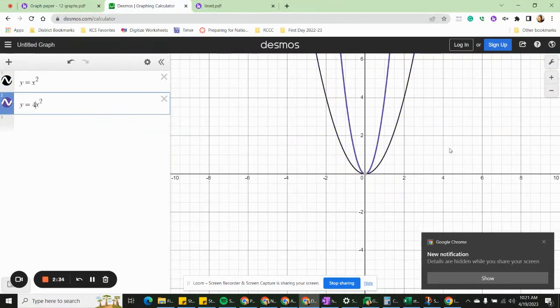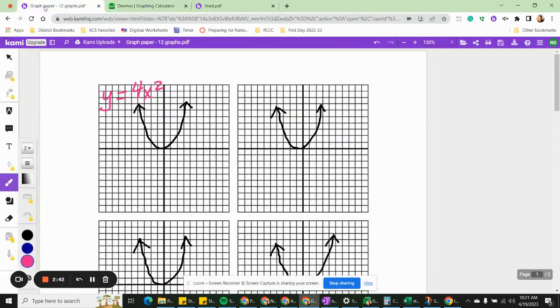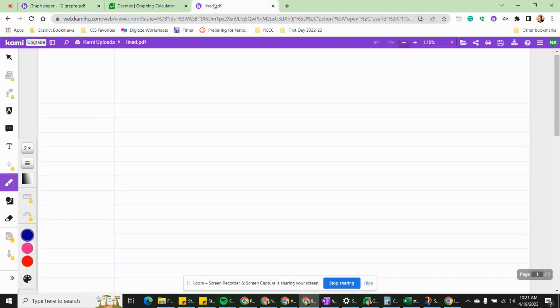There we are. And you can see that 4x squared is skinnier than the original. So I'm going to draw an example on my paper to show that this new graph is skinnier. The new one is inside the old one. Okay, and I'm going to keep moving. The next one I want to graph is y equals 1 over 4 x squared. Again, write that on your graph paper with your color pencil.